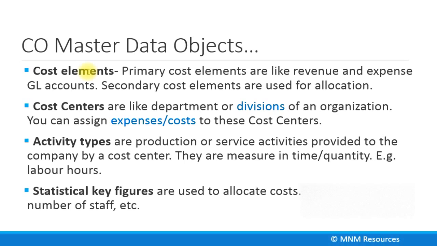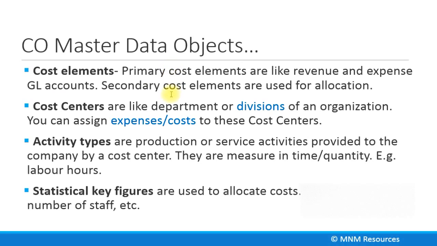to the CO module. Then you have a second set of cost elements called secondary cost elements. Now the word secondary, we are using it because this is used for internal allocation within the CO module. So first we call it primary cost element, that is coming from the GL accounts, the revenue and expense accounts. That's because it's directly coming from the FI module, that's your primary.